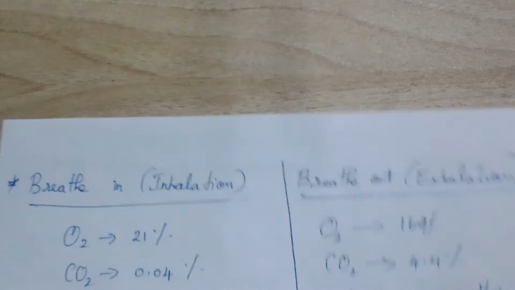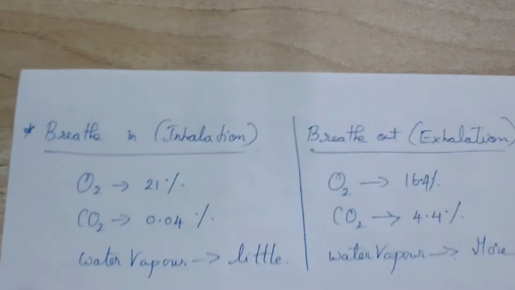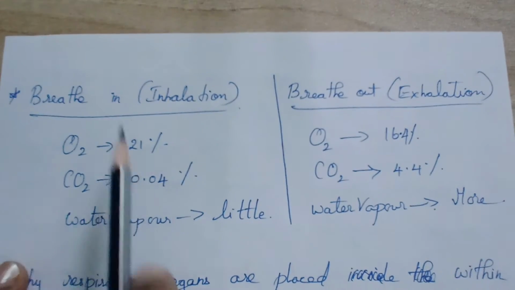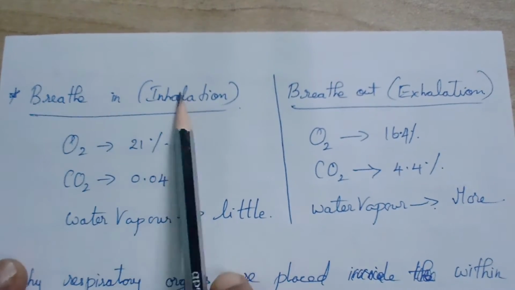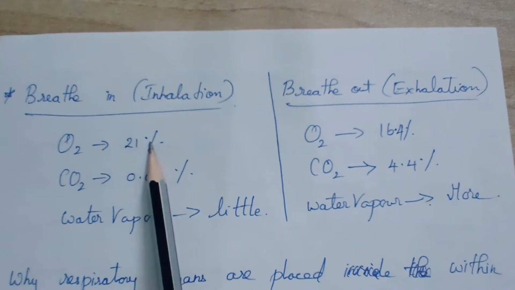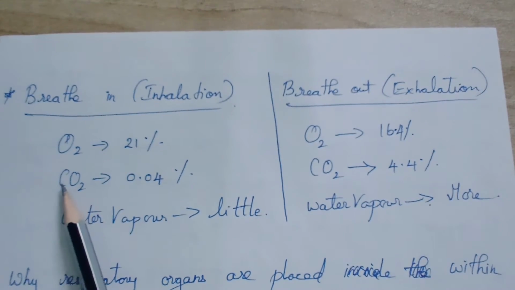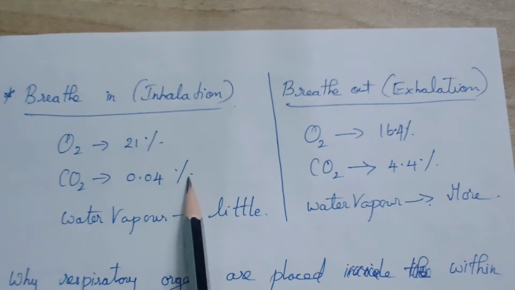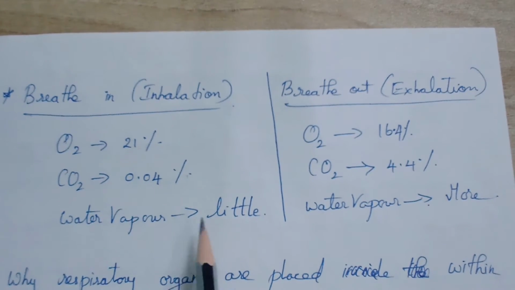Next, what percentage of oxygen is present in the air that we breathe? During inhalation, 21% of oxygen is present, carbon dioxide is 0.04%, and water vapor is very little.